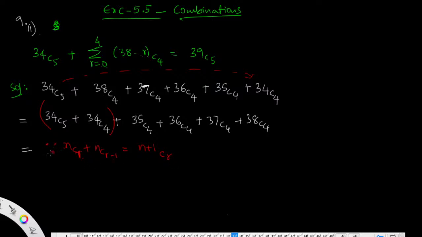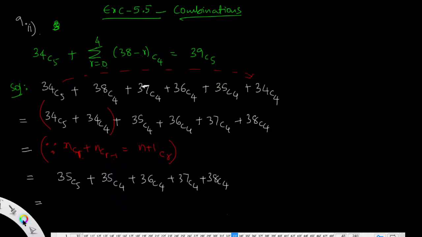Since this formula can be applied to the first pair of values, n is 34, here 5 and 4, so one can be added. That gives 35C5 plus the remaining terms 35C4 as it is, 36C4 as it is, 37C4 as it is, 38C4 as it is.